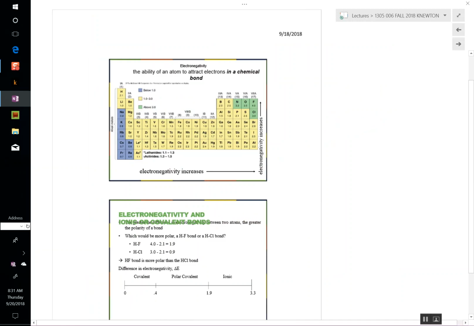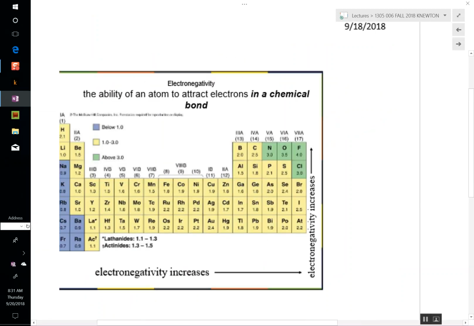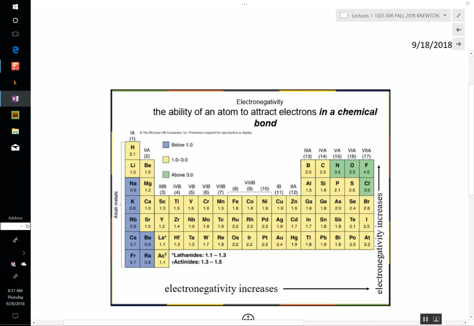So to understand that, you have to first understand what this table is telling us. In the previous chapter, I talked about ionization energies, electron affinities, and they were experimentally determined numbers. Go in and do an experiment, and you could measure the ionization energy of oxygen or fluorine or any element.